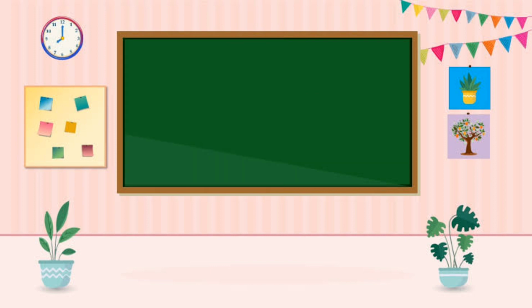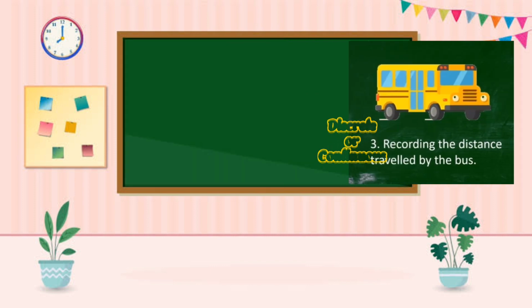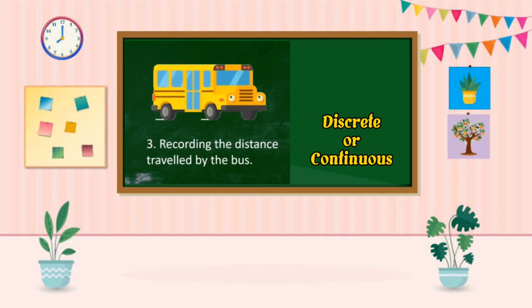Let's go to our third item. Recording the distance traveled by the bus. Is it discrete or continuous? If your answer is continuous, then your answer is correct. Distance is a measurable amount.